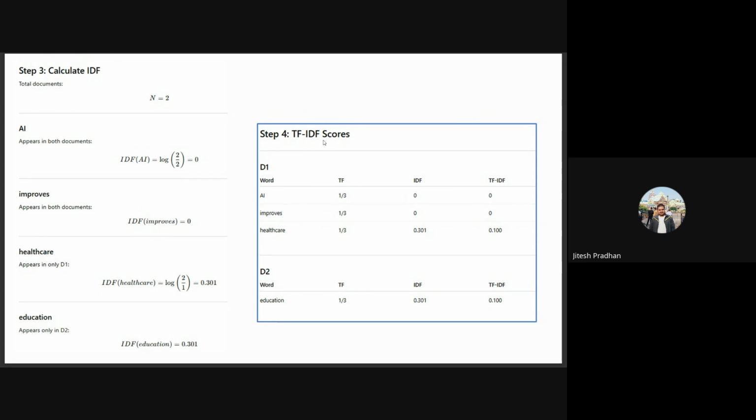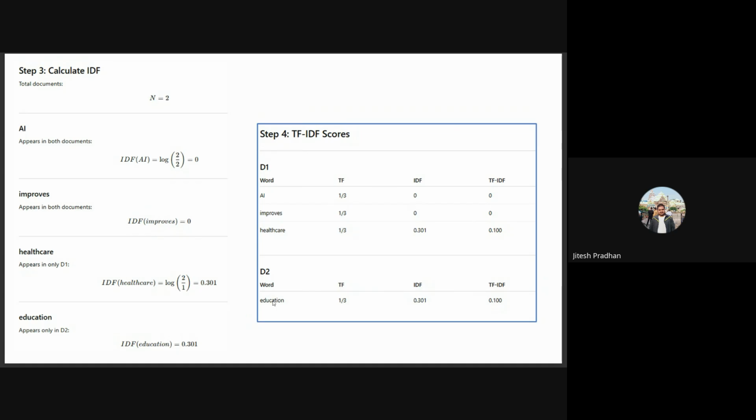Now TF-IDF is calculated as the multiplication of both. For AI, TF is 1 by 3, IDF is 0, so TF-IDF is 0. Improves is 1 by 3, IDF is 0, so it is 0. Healthcare is 1 by 3 and IDF is 0.301, both multiplied, so it is 0.1. In the second document, AI and improves are the same as previously calculated.